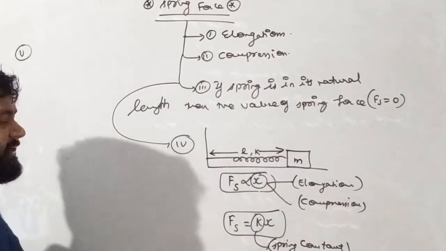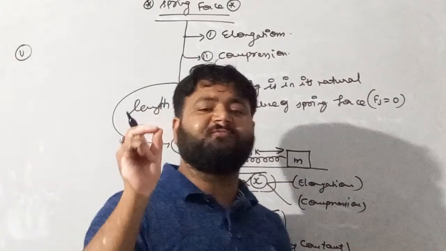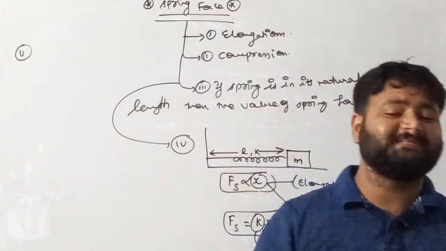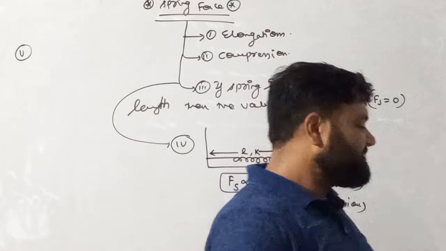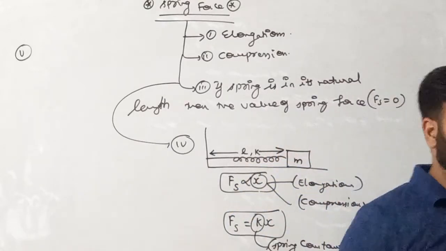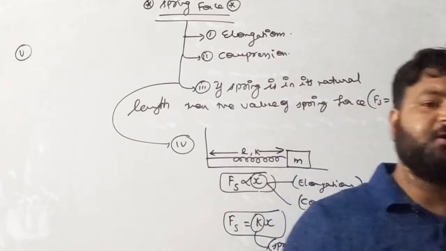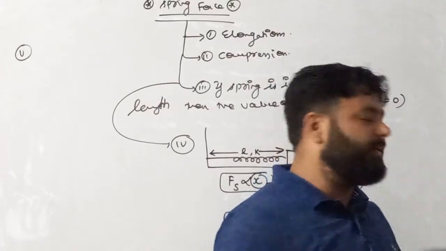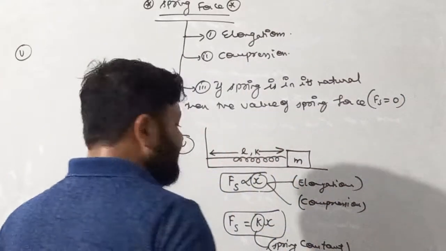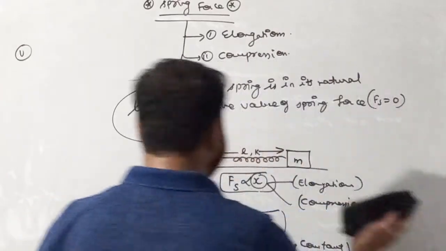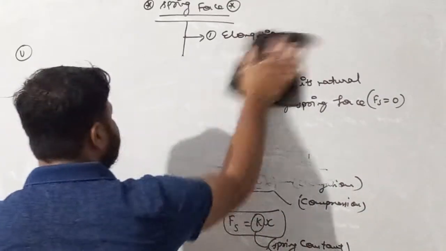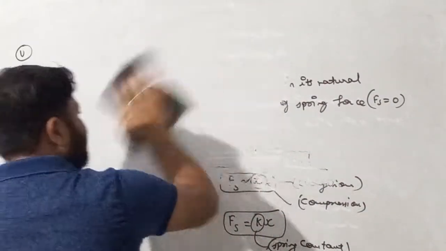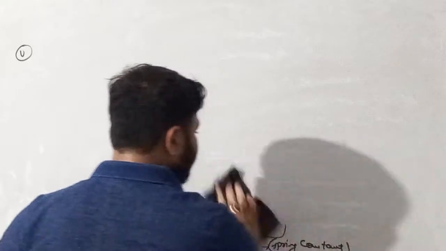So fifth point, spring always wants to be in its natural length. Write down, spring always wants to be in its natural length.